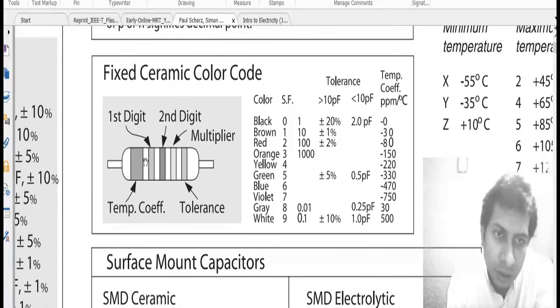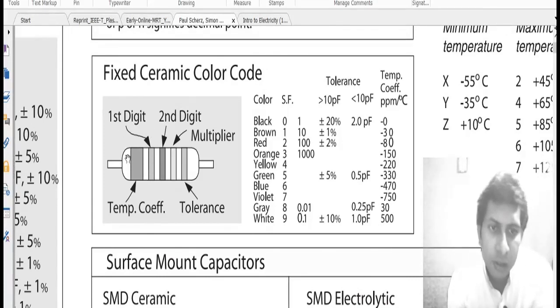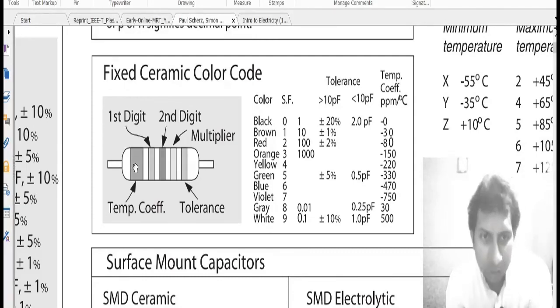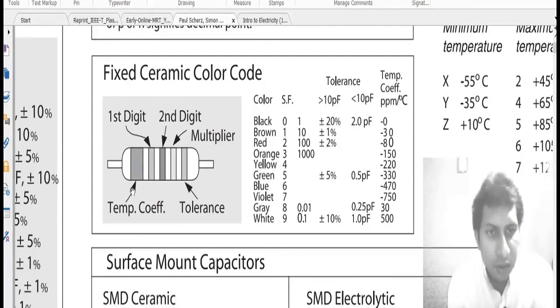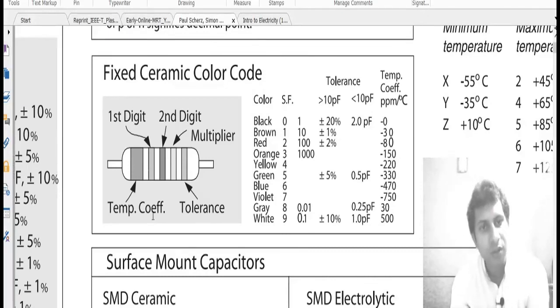And again if it is in color bands, then the first band is larger as compared to the others, and it is treated as the temperature coefficient of that capacitor.